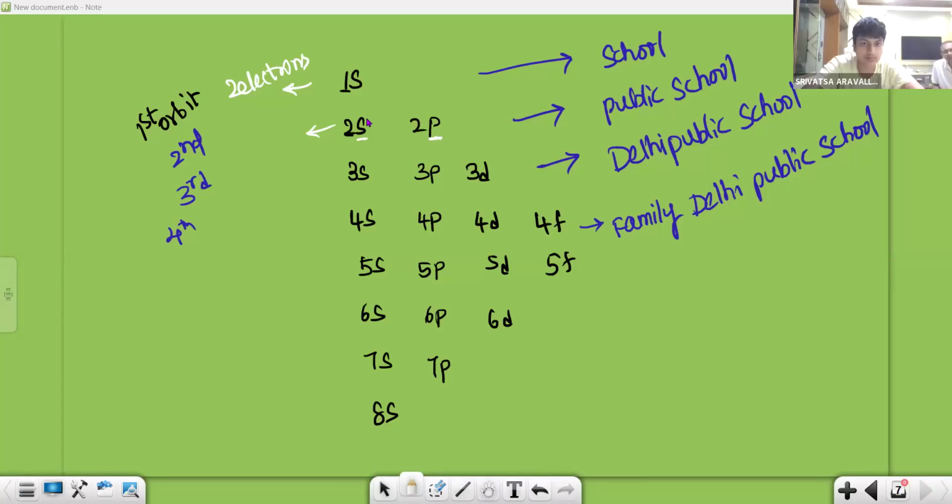S has one orbital, so one orbital means two electrons. P has three orbitals, so six electrons. Two orbitals will be four electrons, three orbitals will be six.